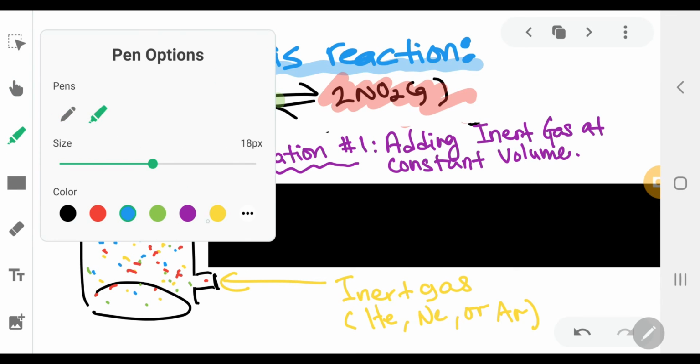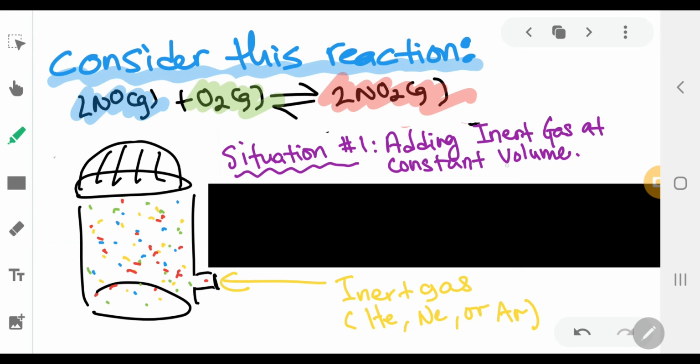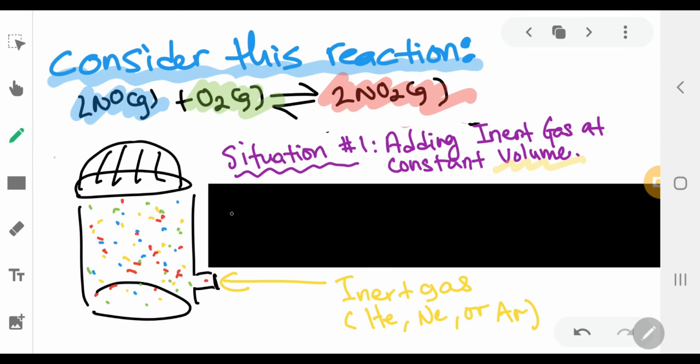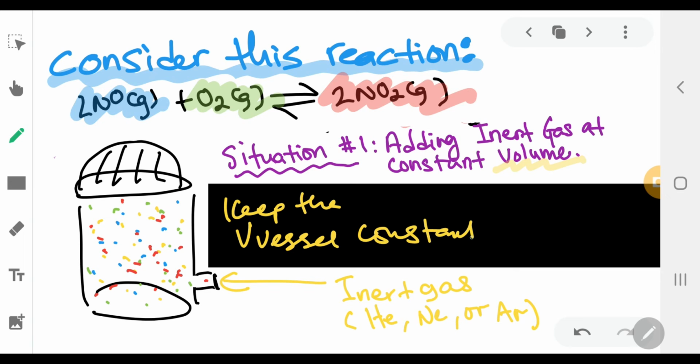The word volume over here refers to the volume of the vessel. So we want to keep the volume of the vessel constant. We're not going to change this.